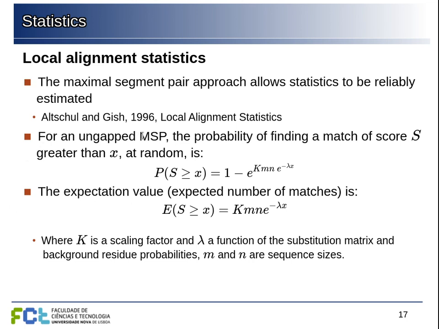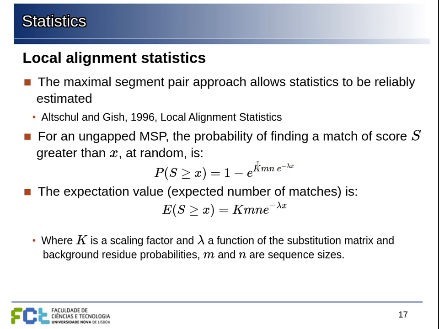For the maximal pairs, the maximal sequences we find that match between the two sequences, if they do not have gaps, we can calculate the probability of finding a match with a score greater than X. This is the probability that, by chance, if the sequences are completely random, we are going to find a match to our query sequence with a score greater than X. And the probability will be 1 minus this expression.